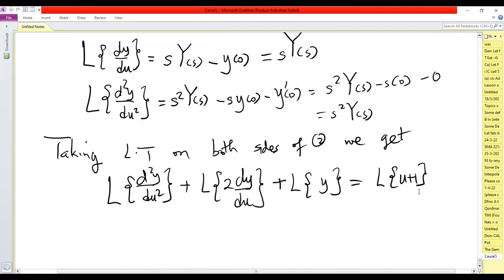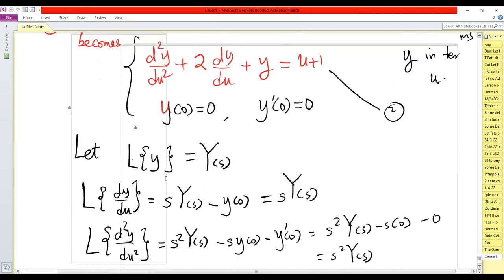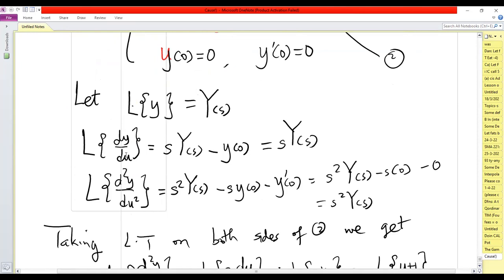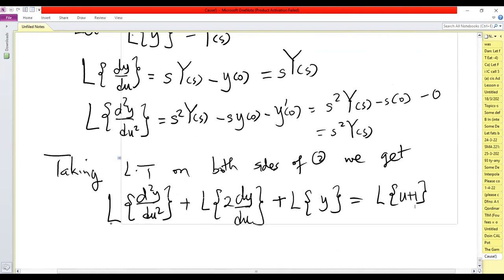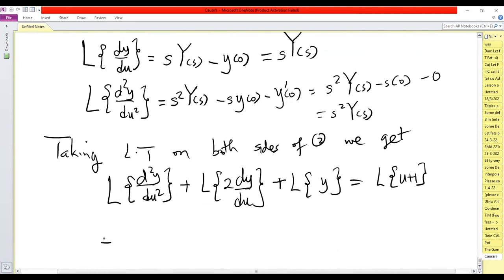Now from definition, these values we have defined at this point, the Laplace of y, the Laplace of the first derivative, and the Laplace of the second derivative, we'll get s squared Y of s plus twice s Y of s, and then plus Y of s.